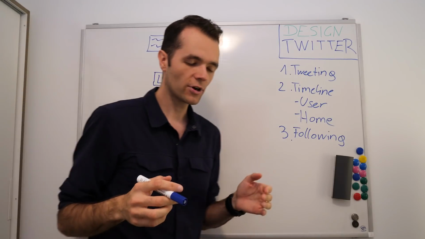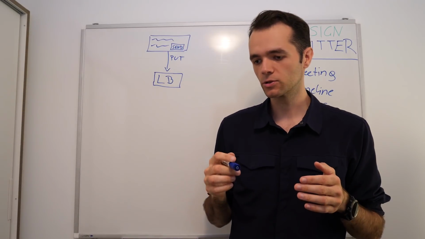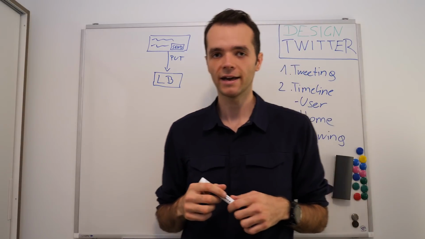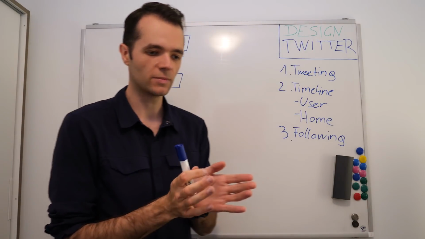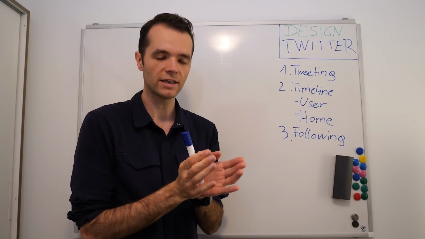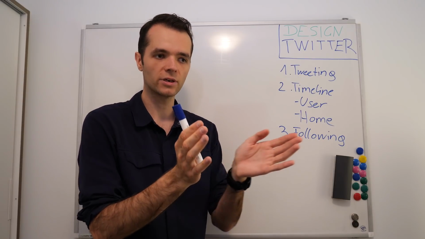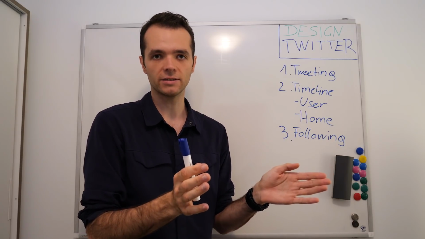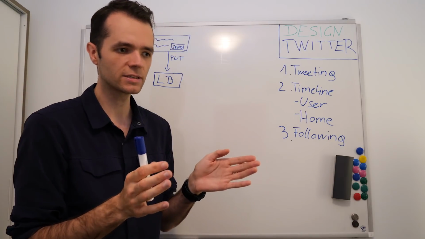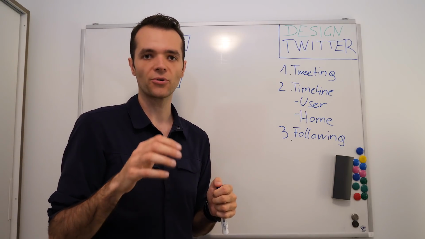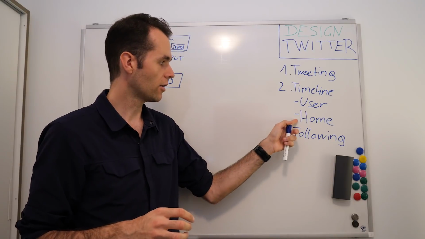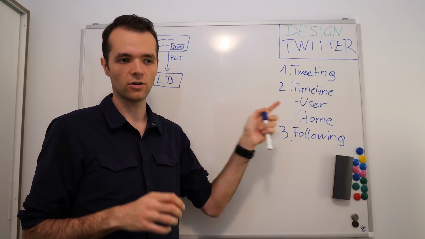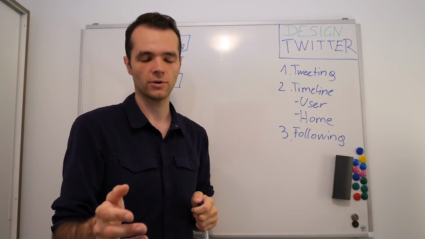Now, after hitting the load balancer, Twitter does something they call fan out. So fanning out means they take your tweet and they put it in an in-memory database. That means what they do is pre-computing all the home timelines of everybody you follow. Okay?